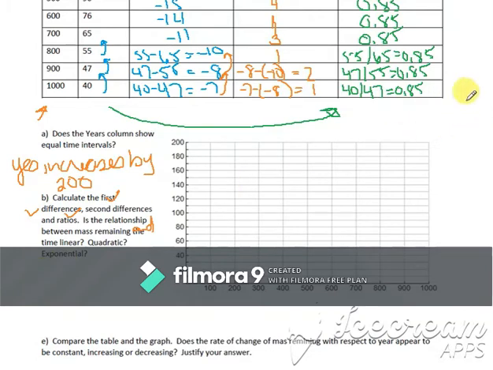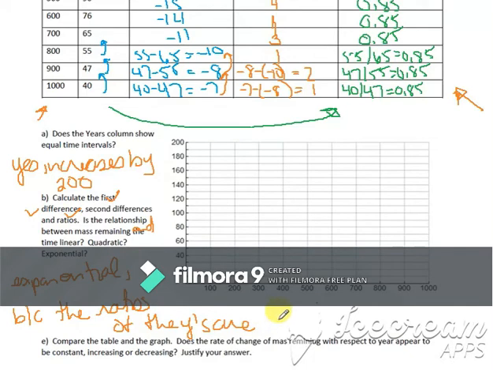As we can see, this ratio column is constant, so this is definitely going to be exponential. B, because the ratios of the y's are constant.